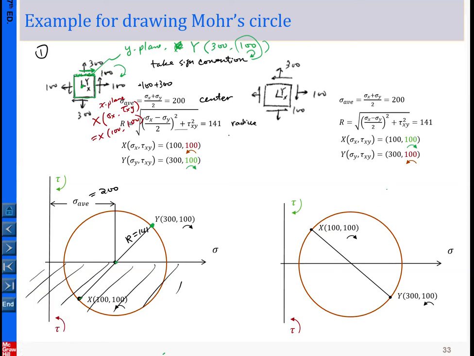Again, we have this given. The difference between this second example and the first one is that everything is the same, the only difference being the direction of the shear stress. With this particular difference, I simply want to demonstrate the difference between the two circles.